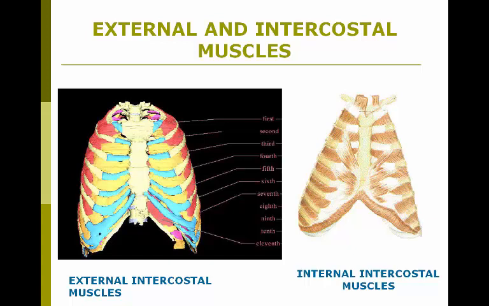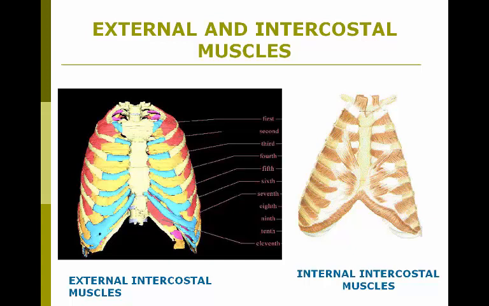the thoracic cavity. To see the internal intercostal muscles, at least in this particular image, we are looking at the back side of the anterior wall of the thorax. So imagine on your right now where it says internal intercostal muscles, imagine that you're looking at this individual from the back so that your right is on the individual's right.